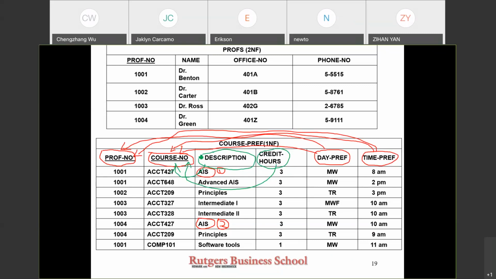So to convert a table from first normal form to second normal form, dependencies that are dependent on only a part of the primary key are split up into separate relations.